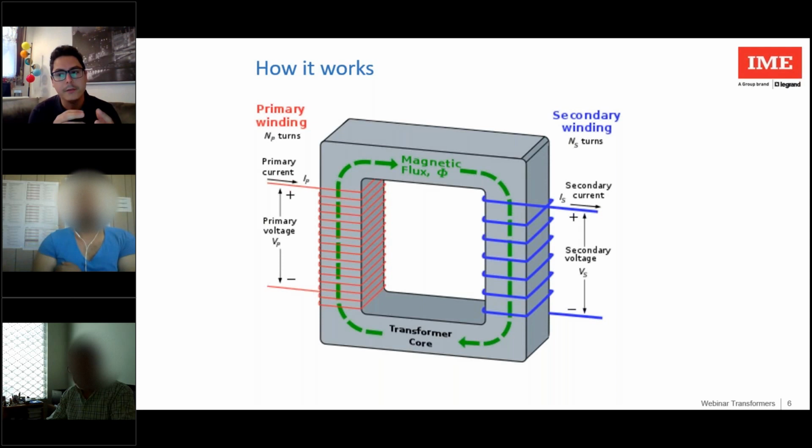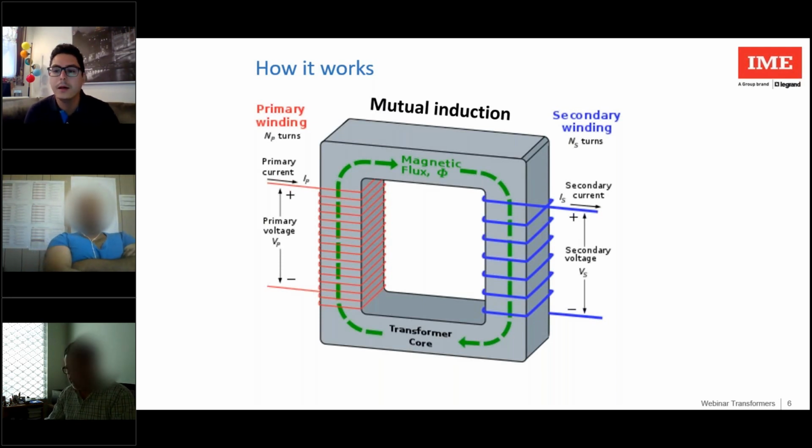This variable magnetic field induces an electromotive force, or voltage, in the secondary winding. This effect is called mutual induction. The transformer is a machine capable of operating essentially in alternating current because it uses the principle of electromagnetism linked to the variable flux.